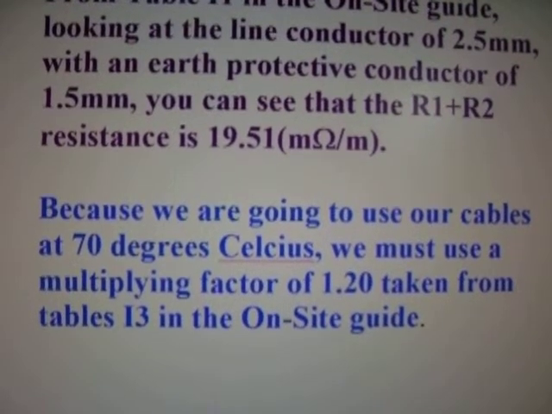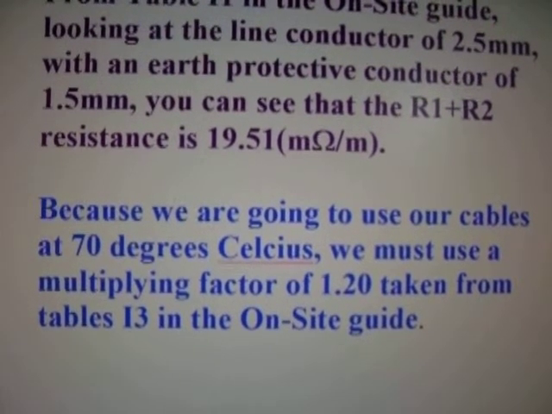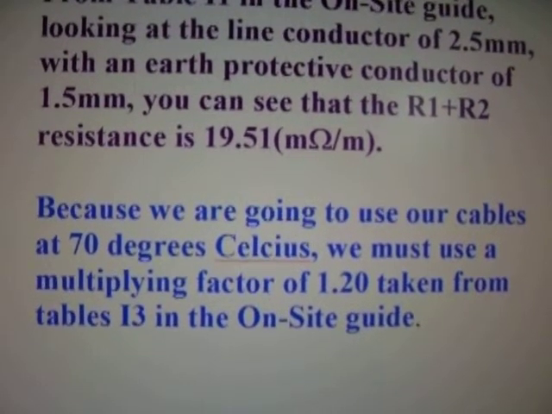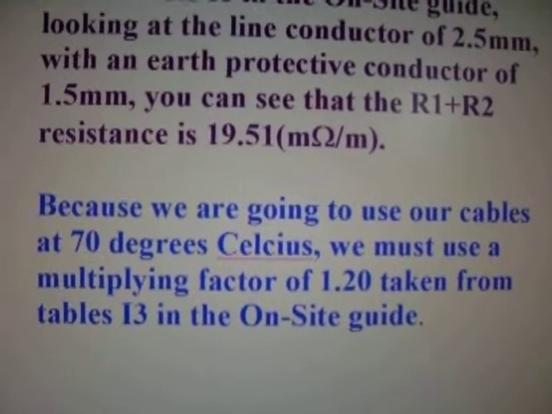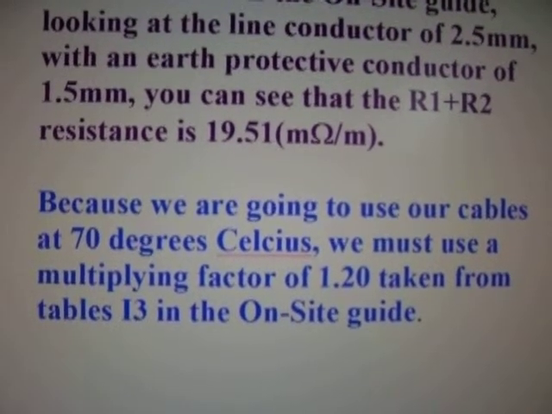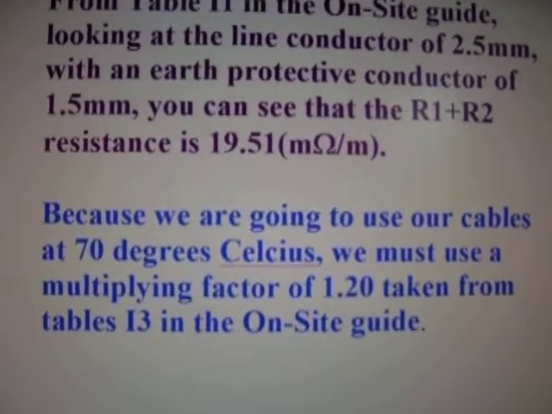Because we are going to use our cables at 70 degrees Celsius, we must use a multiplying factor of 1.20 taken from table I3 in the on-site guide.